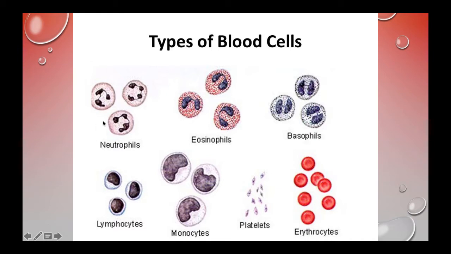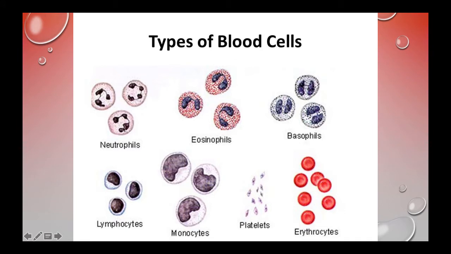Your neutrophils have a multi-lobed nucleus. A lot of times it looks like there are 3 or 4 lobes to the neutrophil's nucleus, and that's a distinct factor for identifying neutrophils.